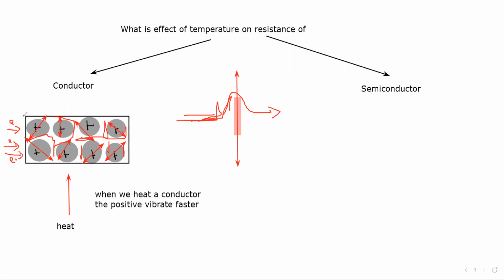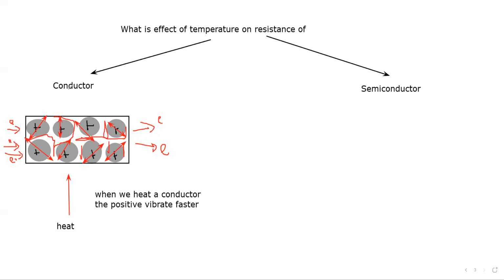So if I increase the temperature, 3 electrons are there and only 2 electrons are able to flow out. What happened to resistance? Increase or decrease? Resistance increases.